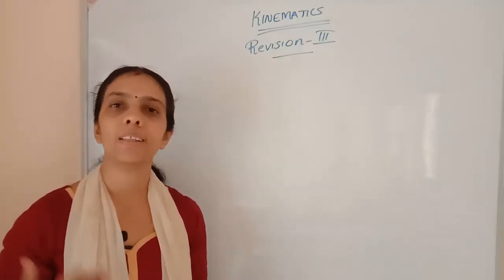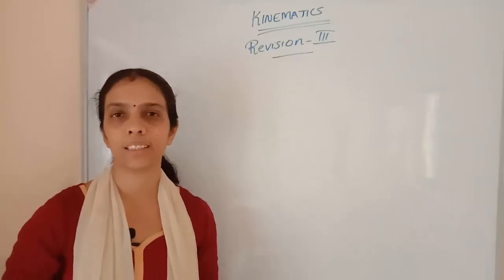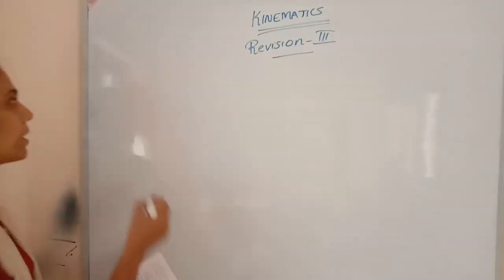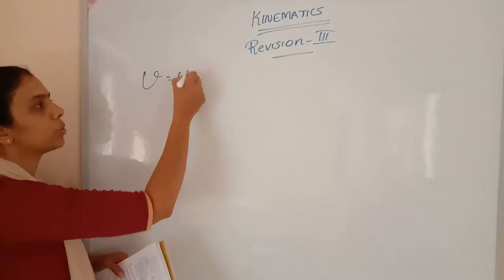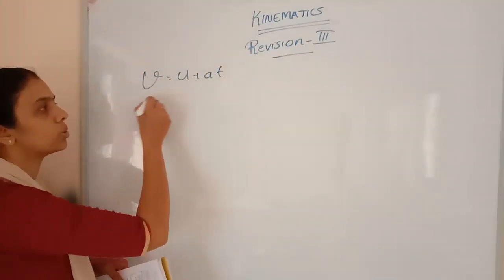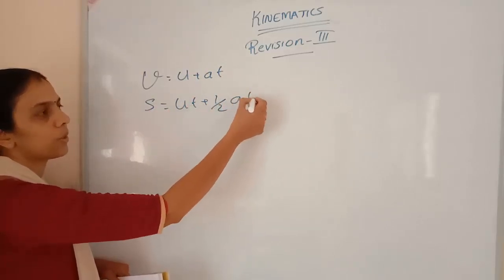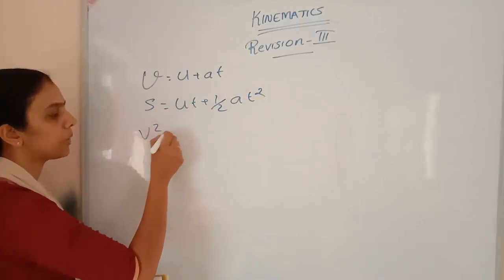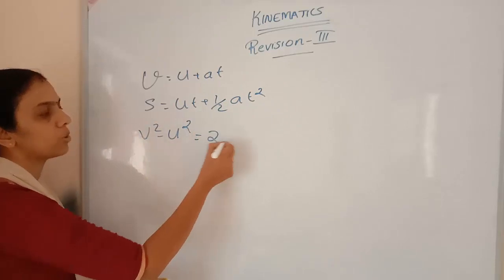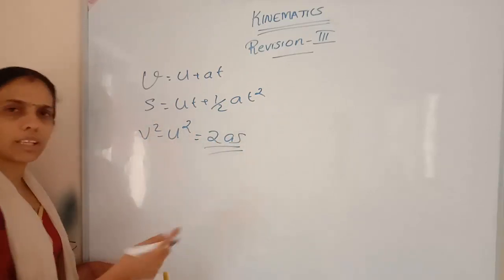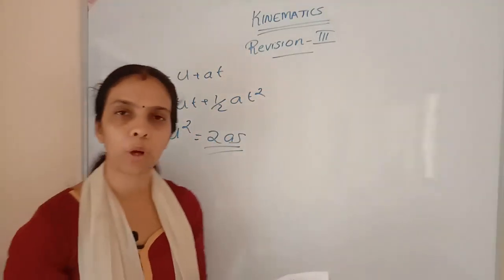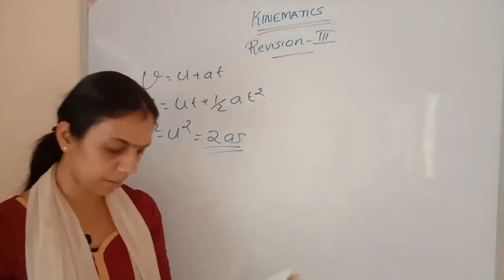So we will consider the object to be under uniform acceleration, so v is equal to u plus at, s is equal to ut plus half at square, and v square minus u square equals 2as. These formulas you should derive using the graphical method. The method isn't mentioned properly here, so you can use the graphical method.